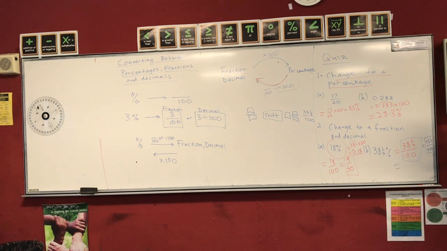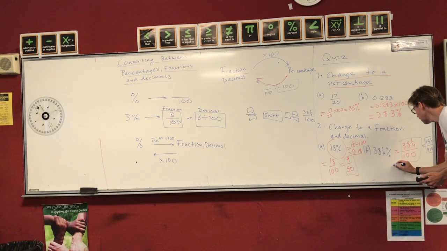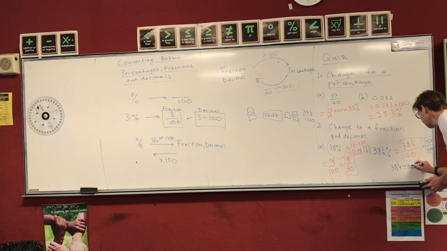Fraction button again. 38.25 over 100 equals... no, sorry, that's wrong. To convert that to a decimal, I'm going to do this, of course. I'm going to go 38.25 divide by 100. That's what I'm going to do.